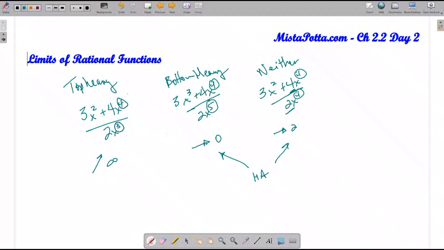In other words, dividing through by some polynomial to reduce the degree, so then I can evaluate an actual limit using the behavior of the parent functions that we talked about in the previous lesson.